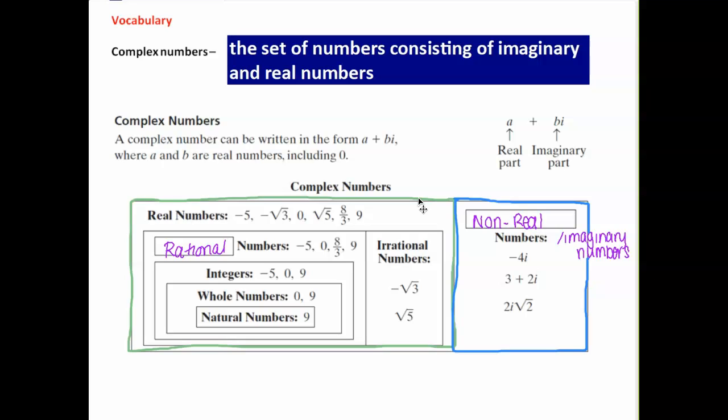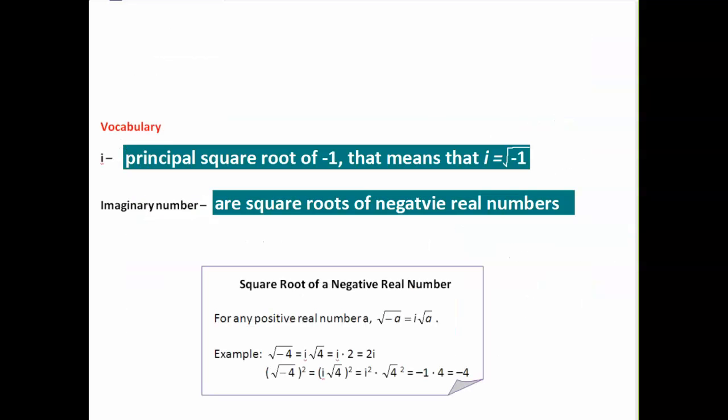So we now have the reals and the non-reals. i stands for the square root of -1. So anytime you have a square root of a negative, it is going to become the letter i.